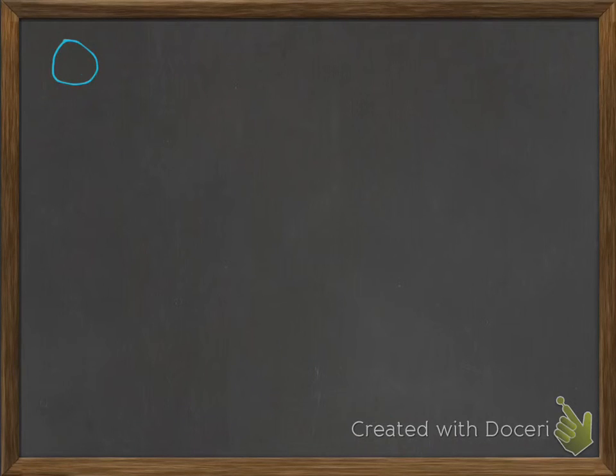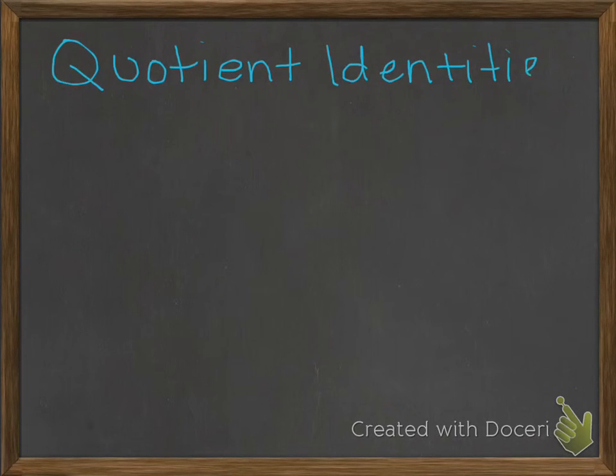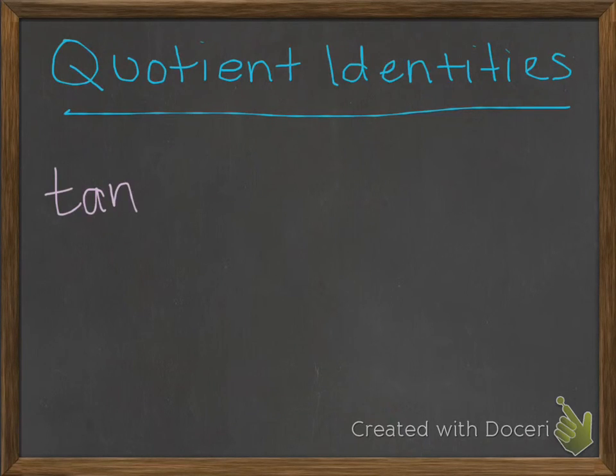And the word quotient means you are dividing in some shape, way, or form. So 2 of the trig functions can be represented by dividing 2 other trig functions. So tangent is 1 over cotangent.